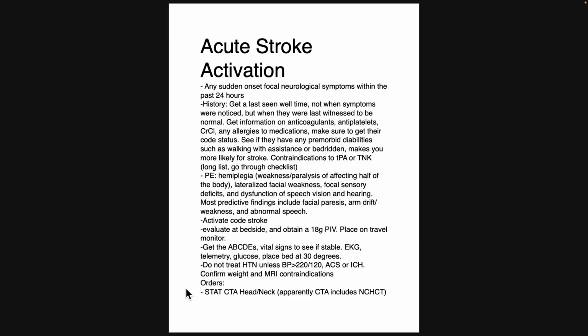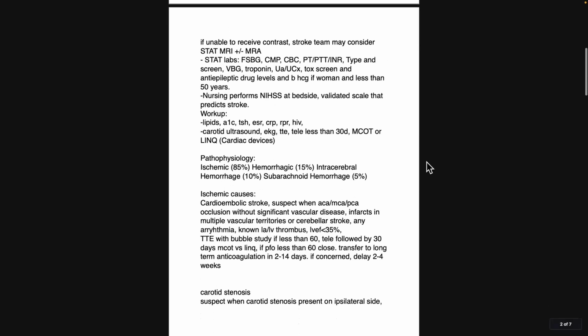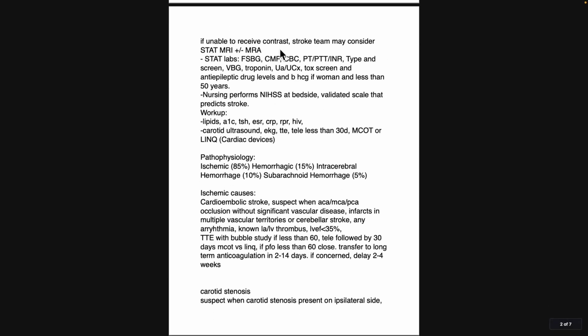So in the orders, you want to order stat CTA head and neck, and apparently the CTA includes non-contrast head CT, but yeah, in some hospitals you have to order both. All right. Next thing, if the patient's unable to receive the contrast, the stroke team may consider stat MRI plus or minus MRA. So basically, why would you do that?